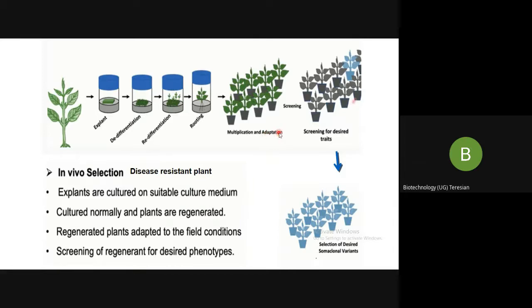And then they are screened for the decided trait. Suppose the decided trait is resistance to a particular pathogen. See here, I have multiplied the plant. All the plants have grown now, that is, they have adapted themselves to the external environment. Now I am screening this plant, whatever I have multiplied. I am screening to see, among the 100 plants, how many plants can withstand a particular pathogen, a disease.